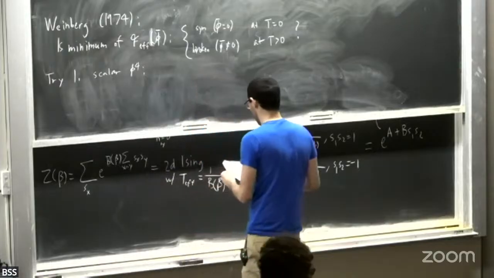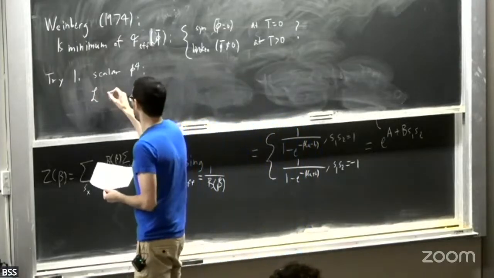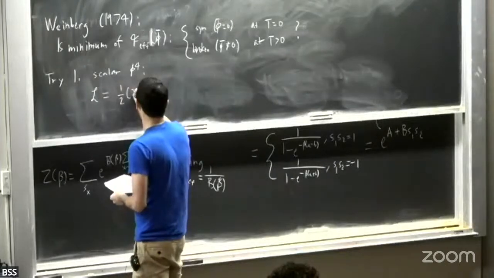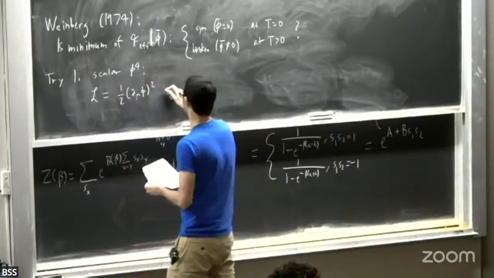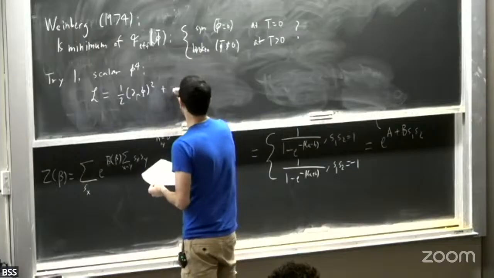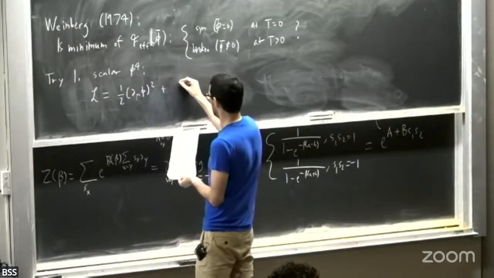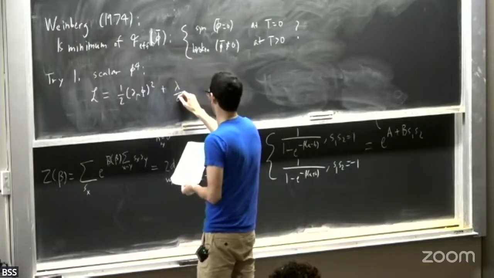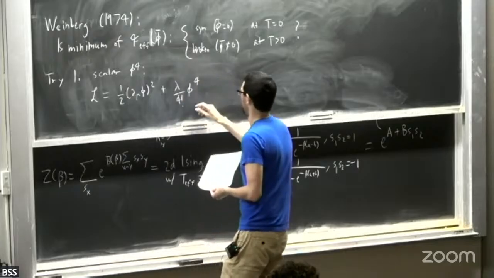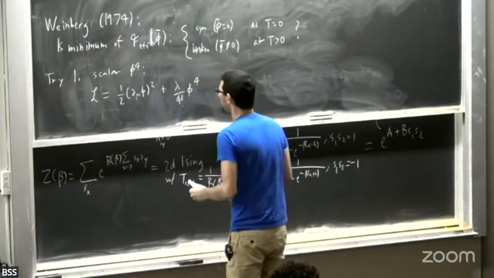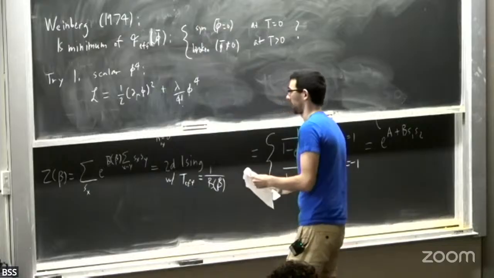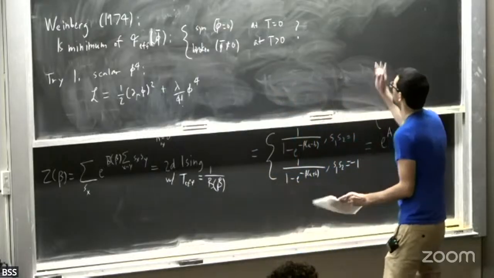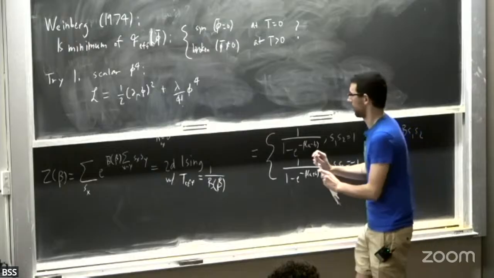So, okay, the Lagrangian is 1/2 (d mu phi) squared plus, being a bit sloppy here, lambda phi to the 4th. And if you do this path integral, what do you find?